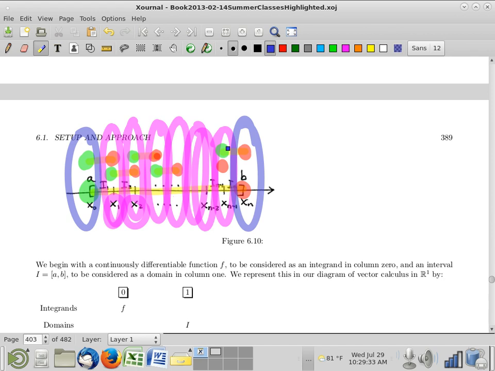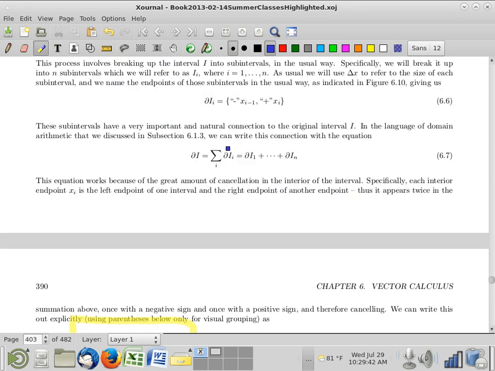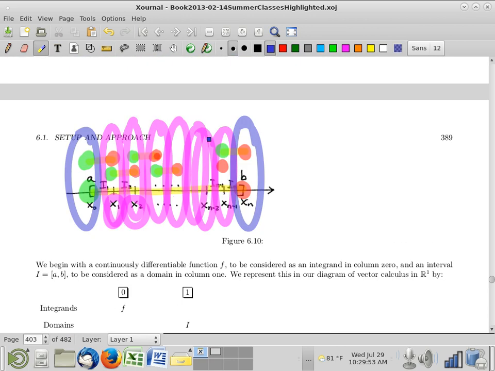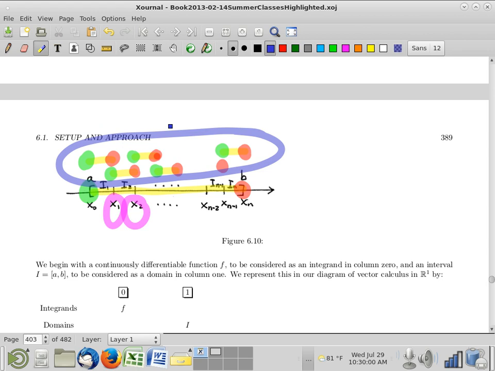So lots of cancellation in the middle, exactly the same things on the outside. The punchline here is that the boundary of the interval as a whole is the sum of the boundaries of the individual subintervals. It's kind of weird, right? You take all of these, and if you add them up, you get exactly the boundary of the interval itself.